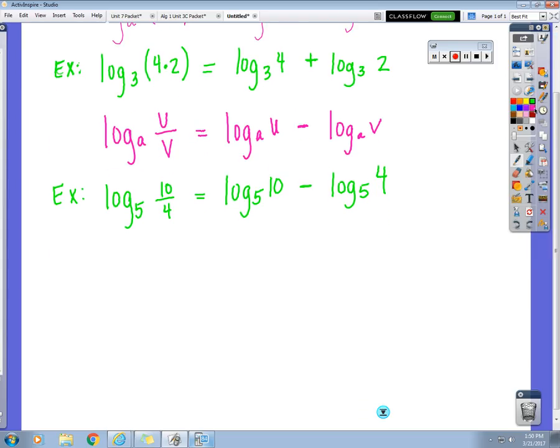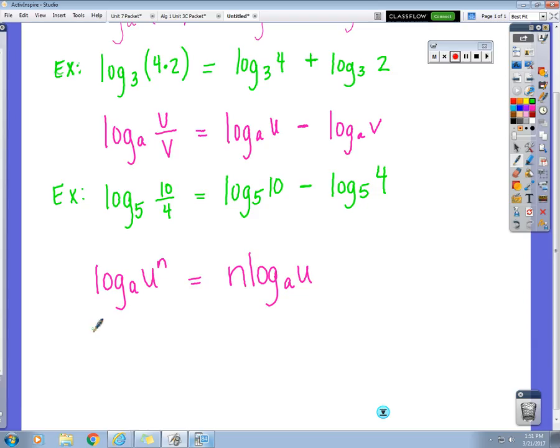The last rule is known as the power property. It says that if you have log base A of u to the n power in condensed form, and you're asked to expand it, you'll bring the n down in front as a coefficient in front of log base A of u. That's all you have to do for the power property: bring the exponent down to the front.